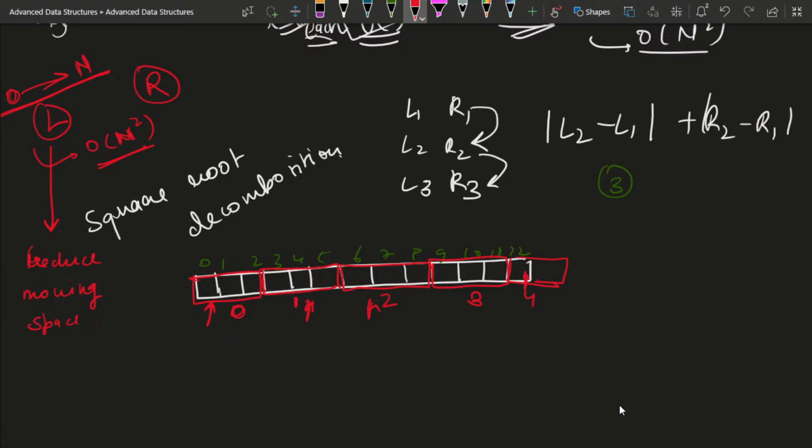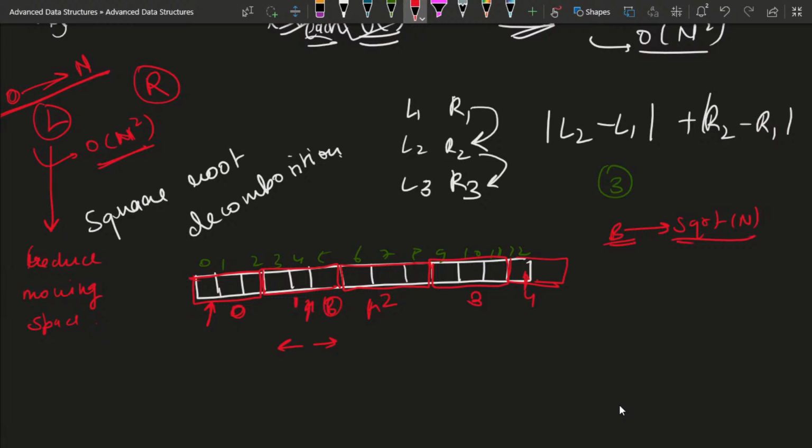But now suppose I can somehow restrict L to move within each chunk only. Suppose B is the block size, and we have already discussed that the optimum size of B would be square root of n.